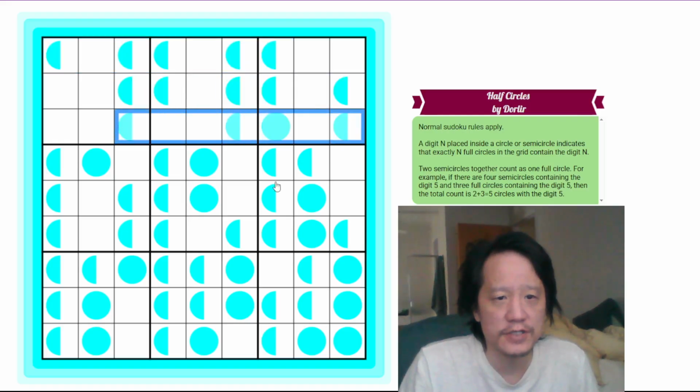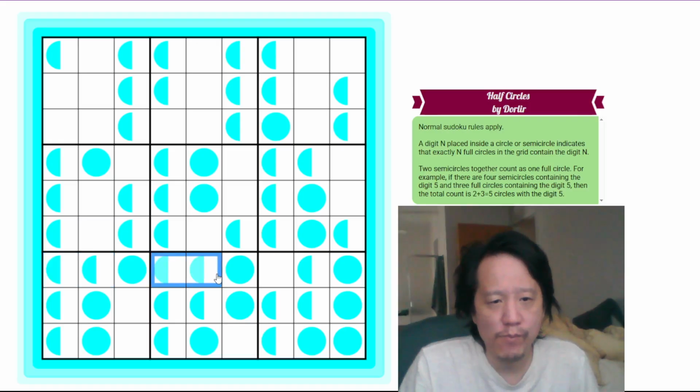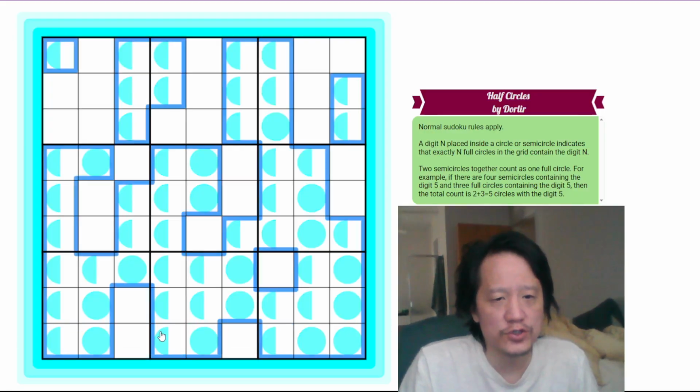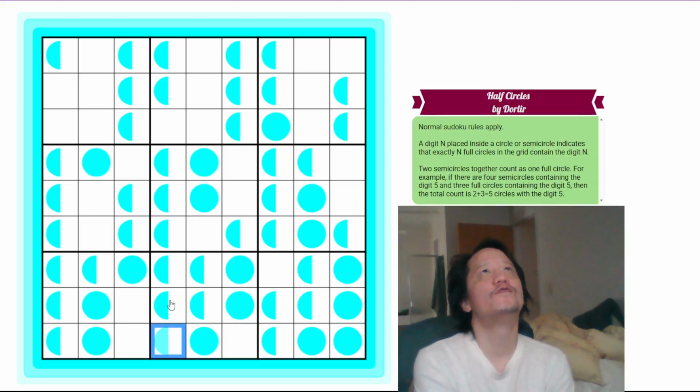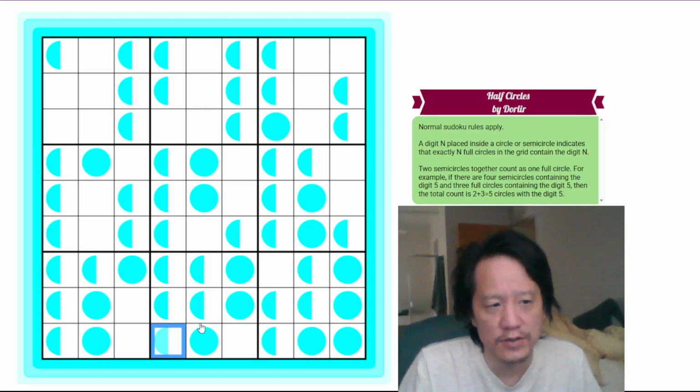Counting them up, there are 40 semicircles, so that makes 20 full circles from the 40 semicircles.